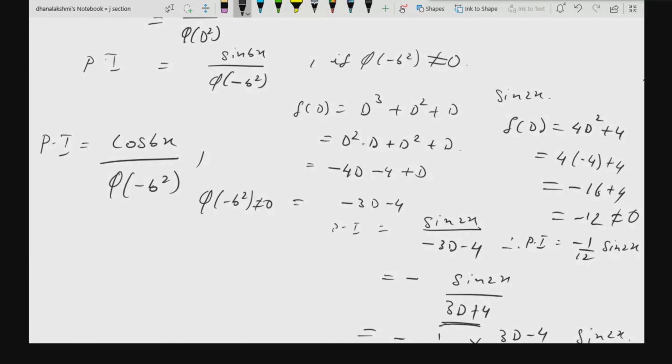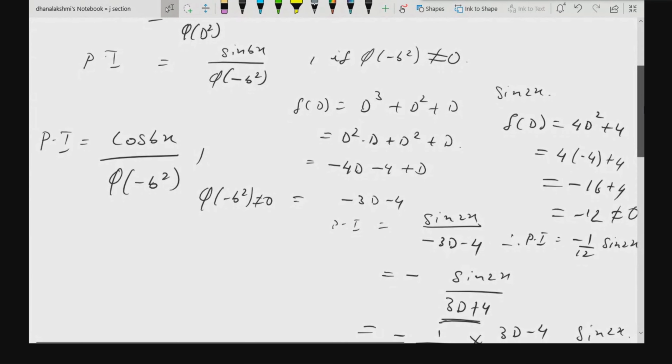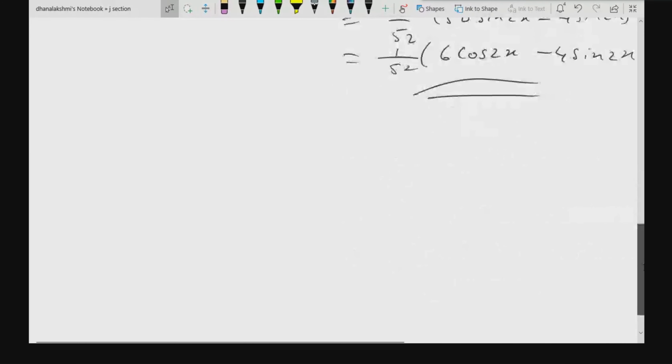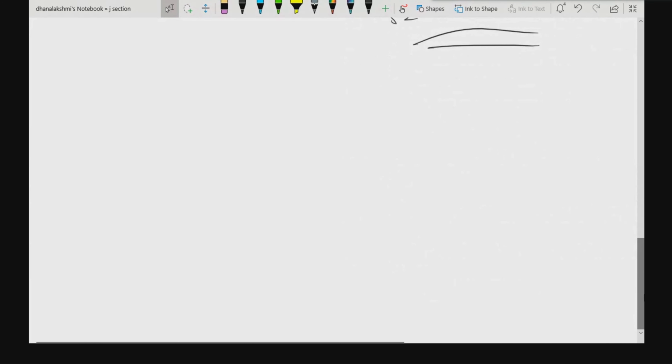So this is one thing. Now let us see the other case where this factor becomes 0 when you replace D square with minus b square. So case 2: suppose phi of minus b square is equal to 0. What does this mean?